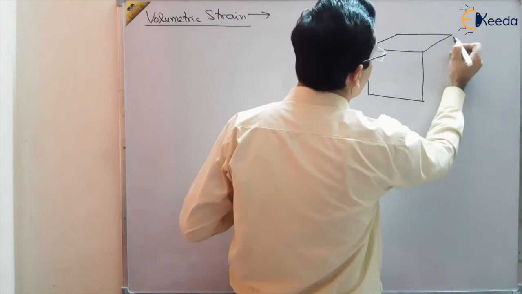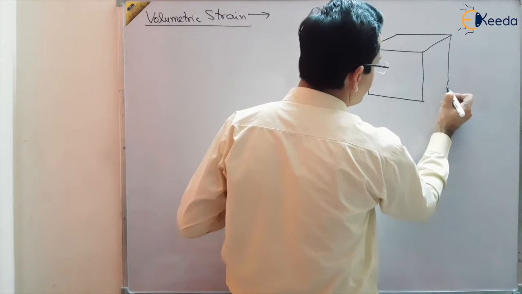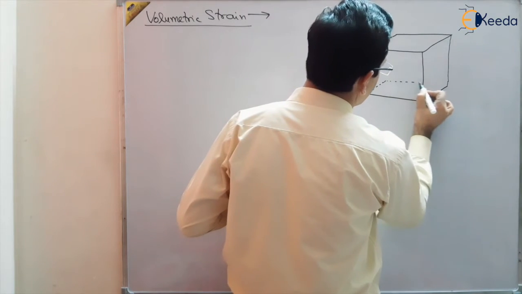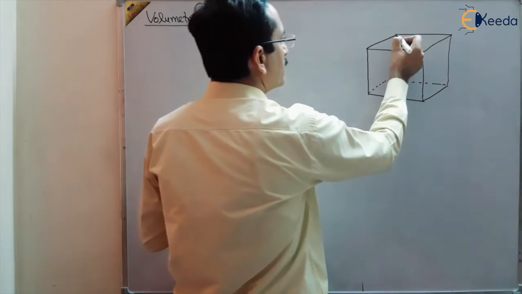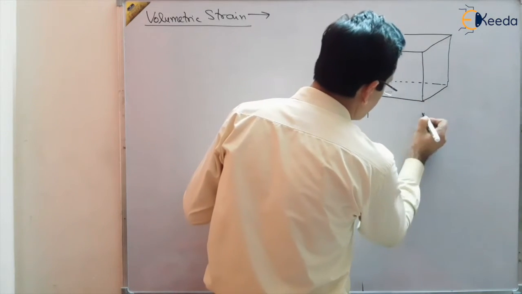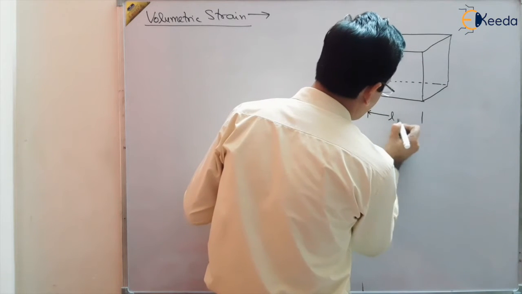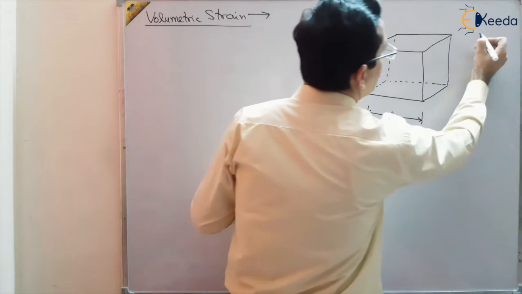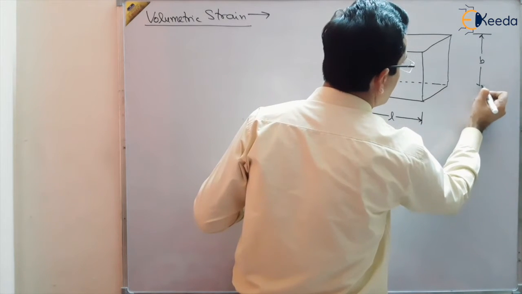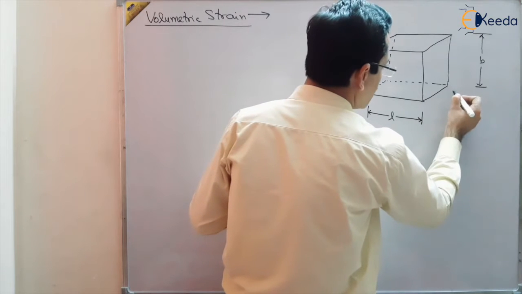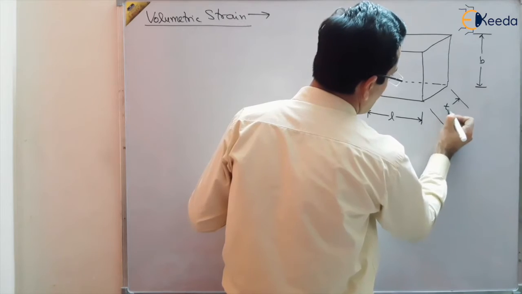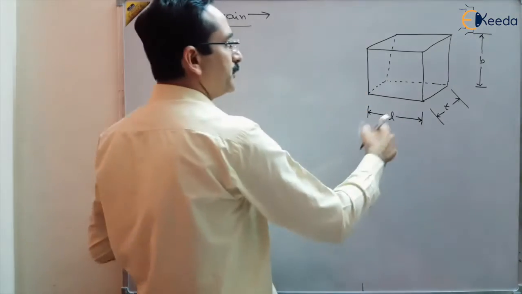Say this is a cuboid. It is a cuboid which has, say, length L. This is, suppose, height B, and suppose the thickness of this part is T. LBT.